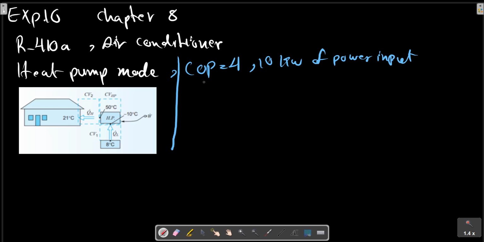The cold side is buried underground where it is 8 degrees centigrade, TL, and the hot side is a house kept at 21 degrees centigrade.